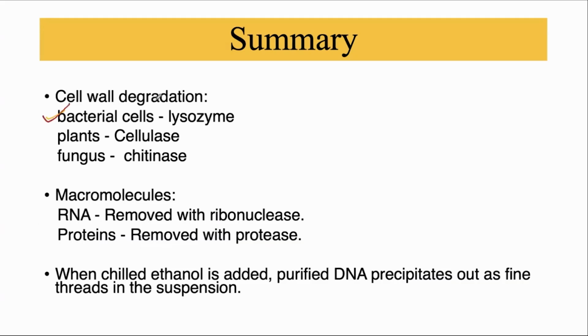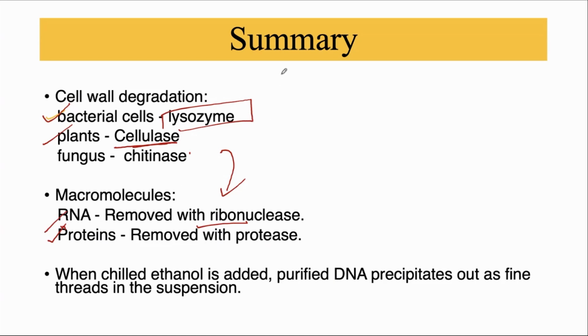To break the bacterial cell wall, you have to use lysozyme, to break the plant cell wall, we need cellulase, and for the fungus, we need chitinase. Once the cell wall is broken, all the macromolecules will come out, and then RNA will be removed by ribonuclease and protein by proteases. And as a whole, chilled ethanol is added, which will lead to the precipitation of the DNA.